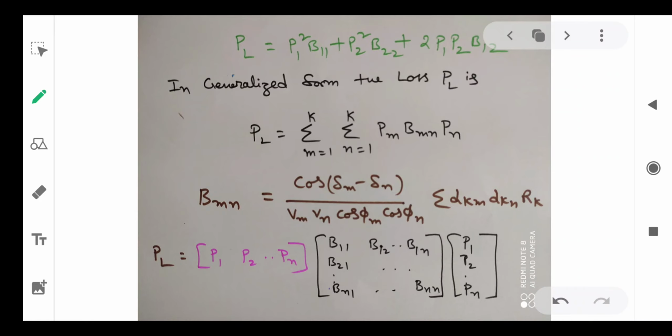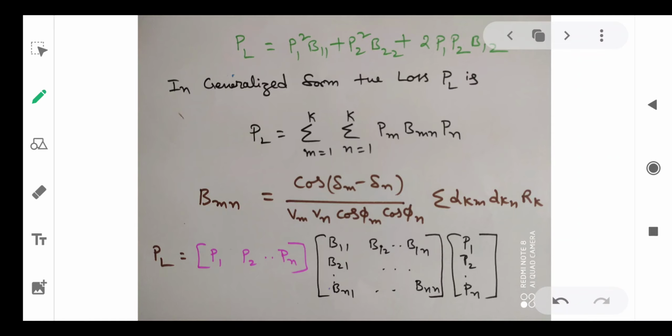From the standard expression, PL is equal to P1 square B11 plus P2 square B22 plus 2 P1 P2 B12. In generalized form, the loss PL is expressed as PL is equal to sigma m is equal to 1 to k and sigma n is equal to 1 to k PM BMN PN.